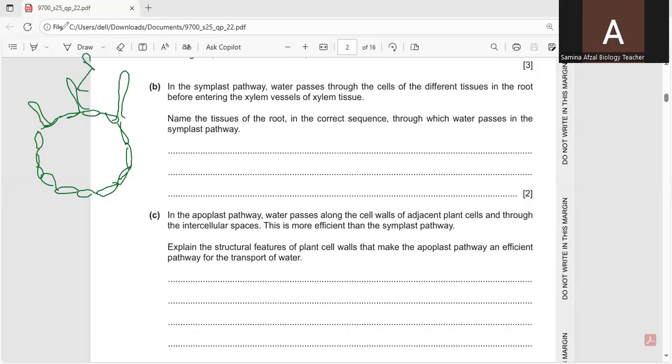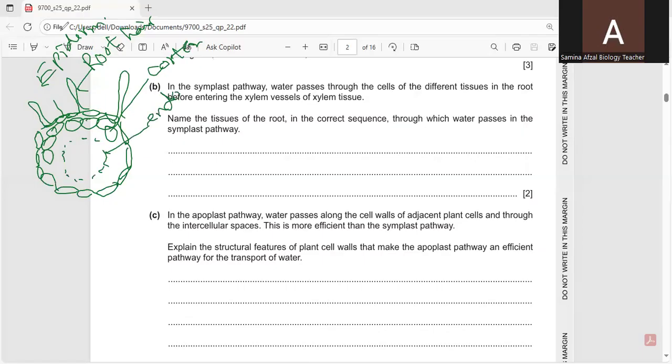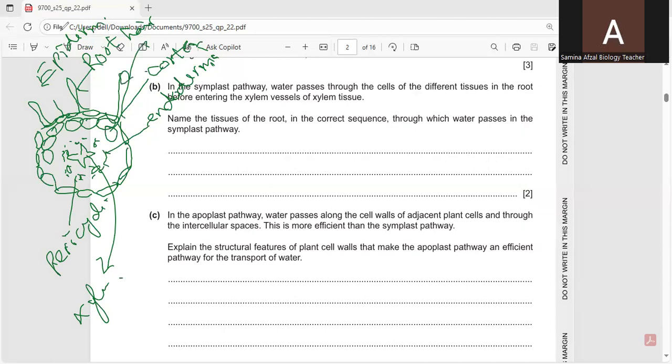So root hair cell, the outermost layer is epidermis, and next to epidermis the layer is cortex, and from cortex you can see in the center this is the endodermis, and inside the endodermis you can see the pericycle, and in the center a star-shaped xylem is there.